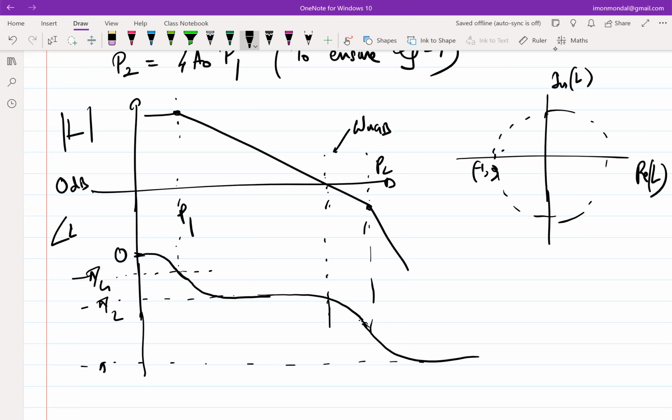What should it start from? Something like this. Correct? So now, what is this angle called? There is a phase margin, right? So this is the phase margin.